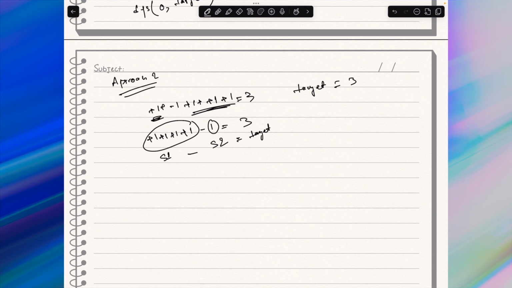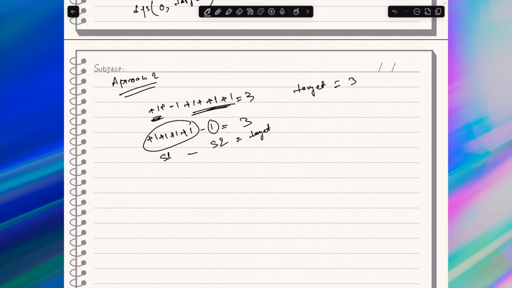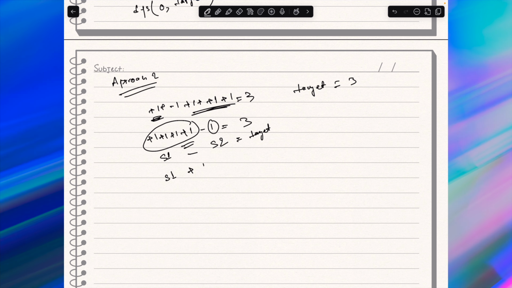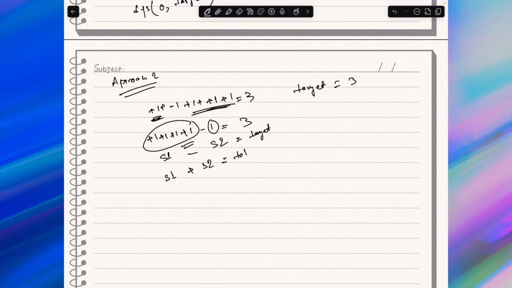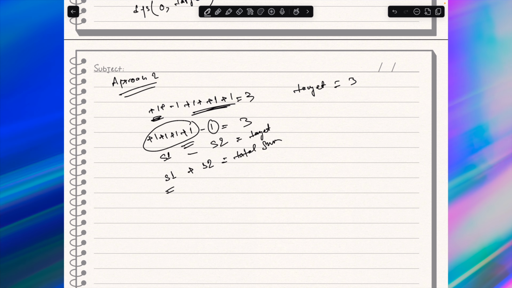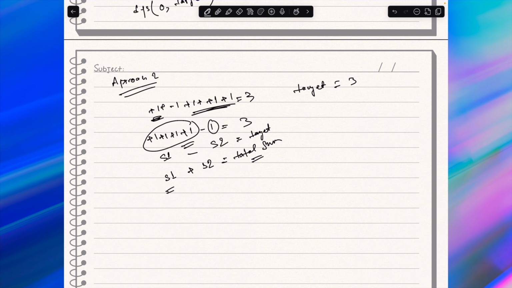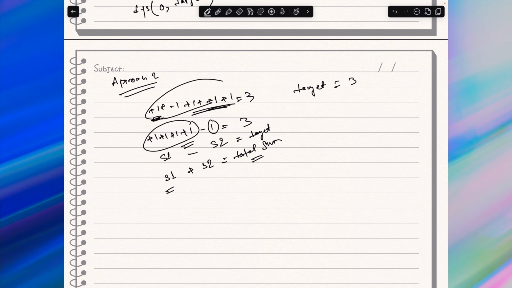Now we can write S1 minus S2. And S1 plus S2 is equal to the total sum. If we sum up the two sums, we get the total sum, which is what we get if we add all these numbers.